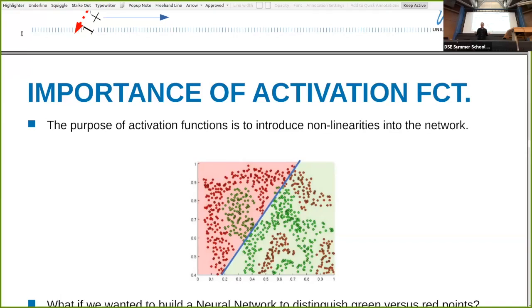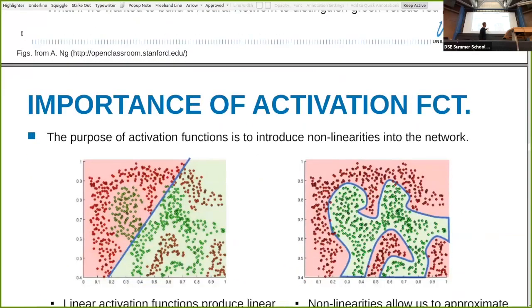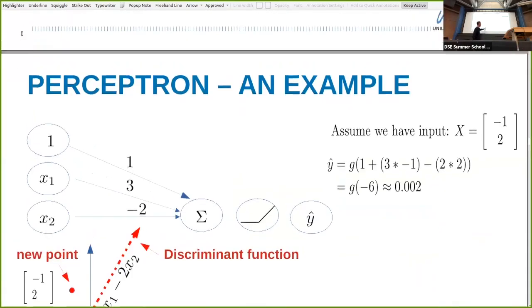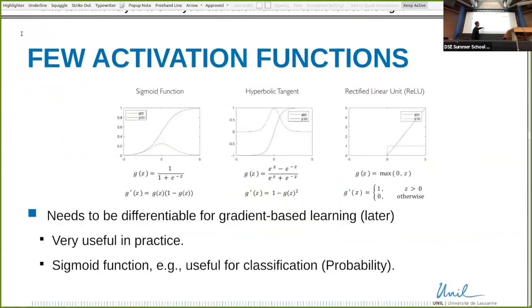But with a linear function approximator, there is no way to separate the two. And intuitively, this nonlinear activation function will allow you to do the separation of the two classes in that case. So that's important. That's the motivation. Let me go back.